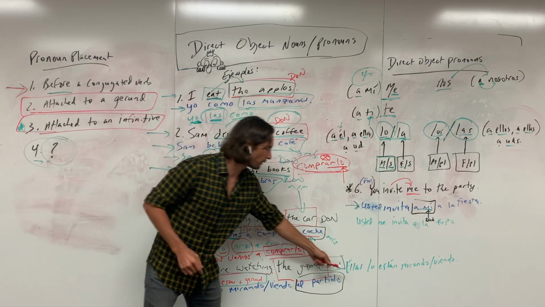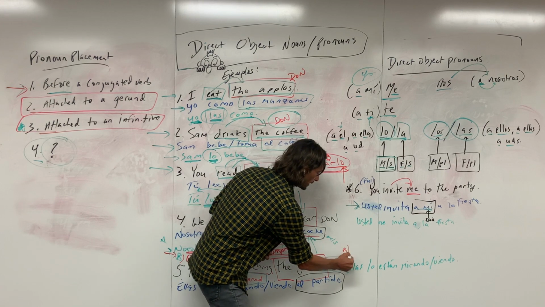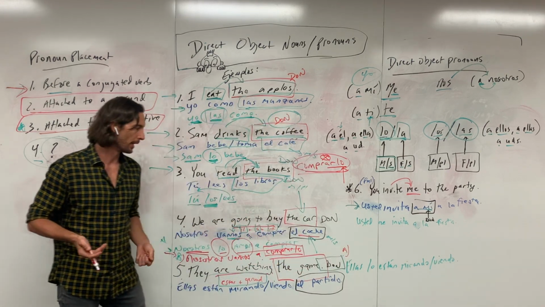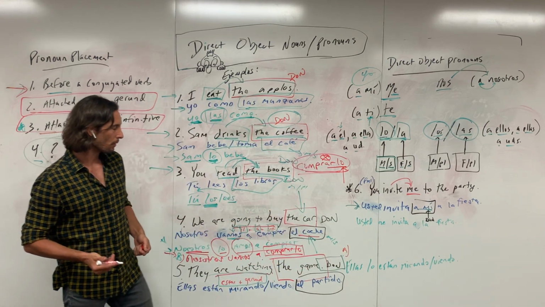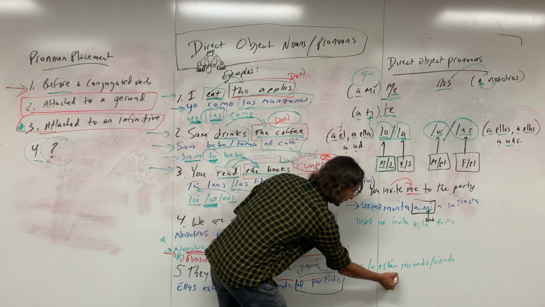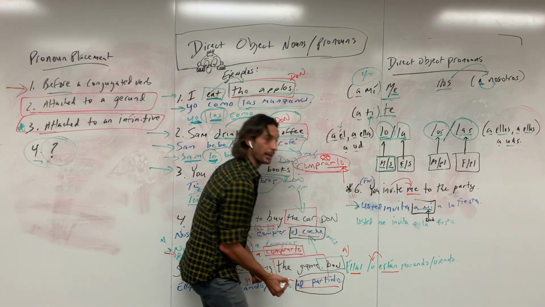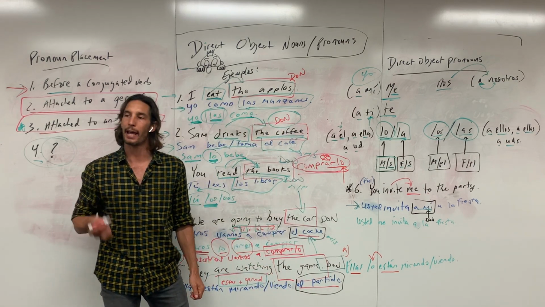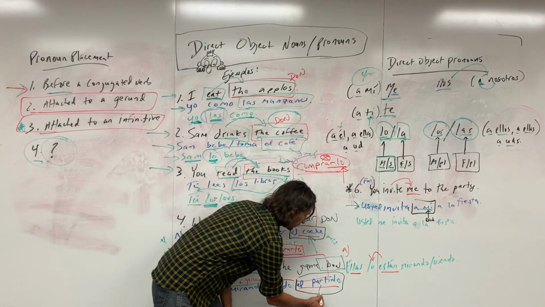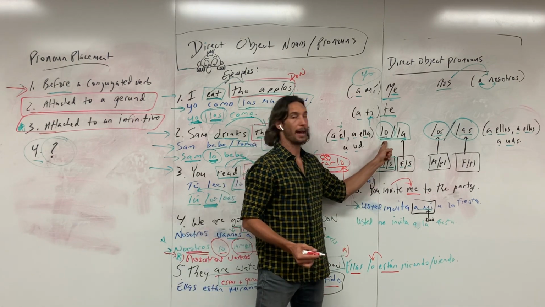And so I wrote this one over here. I'm going to call this option A just to stay consistent. But ellas lo, again, subject, conjugated verb, and then el partido being the direct object noun. And so that becomes lo because it's masculine singular.